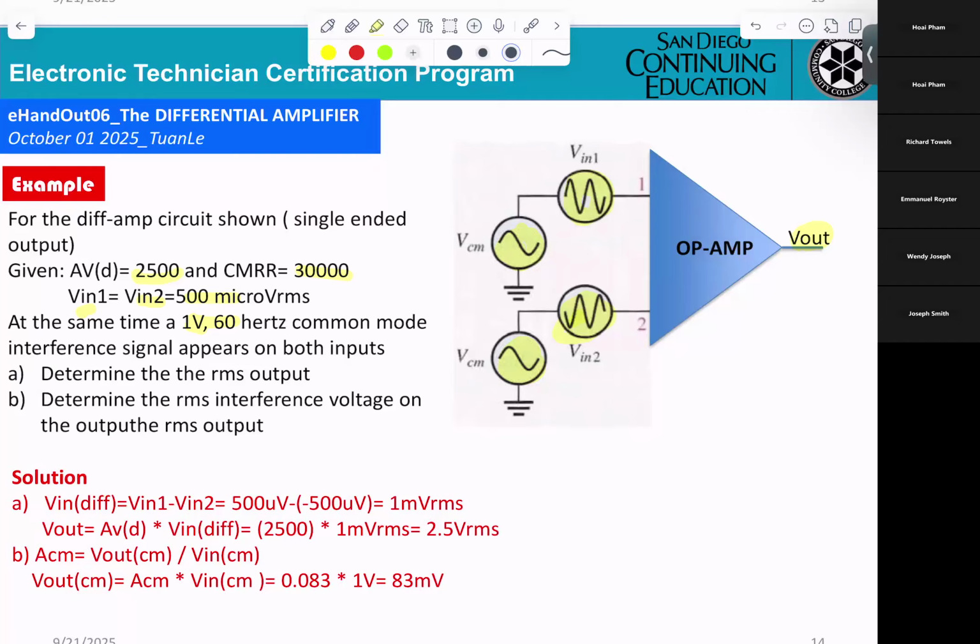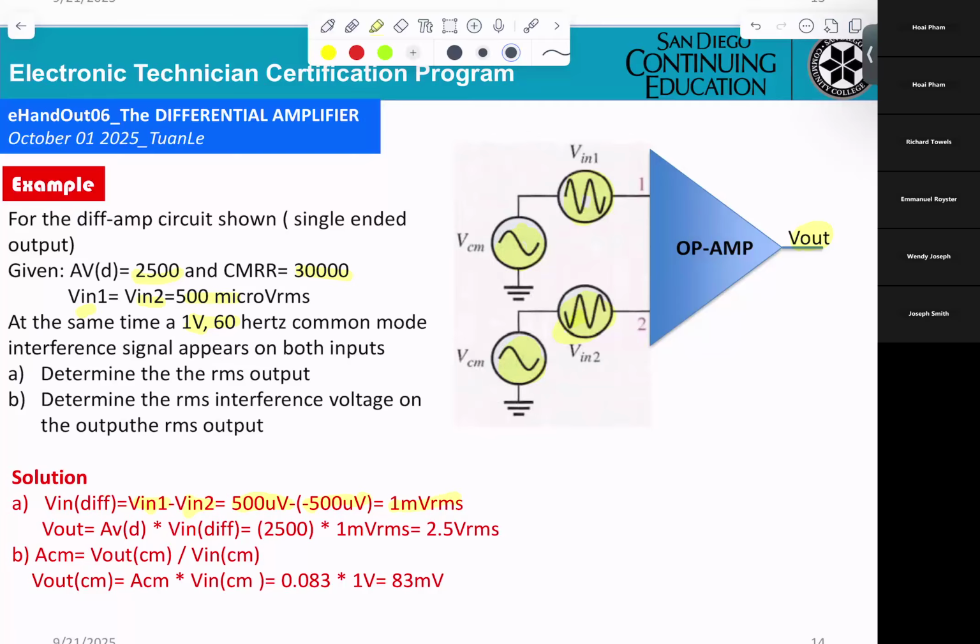Solution. Vin differential equals Vin1 minus Vin2. Vin1 will be the same, 500, and they must be opposite, so that's 500 minus minus 500.